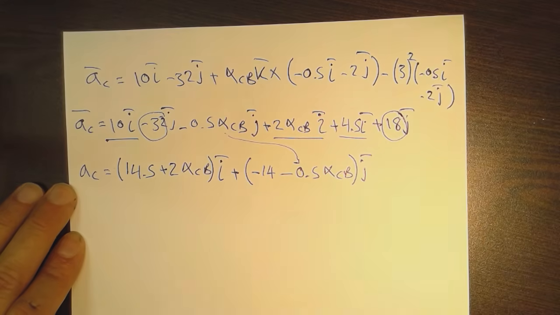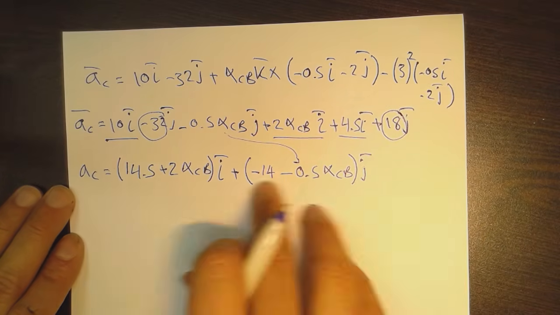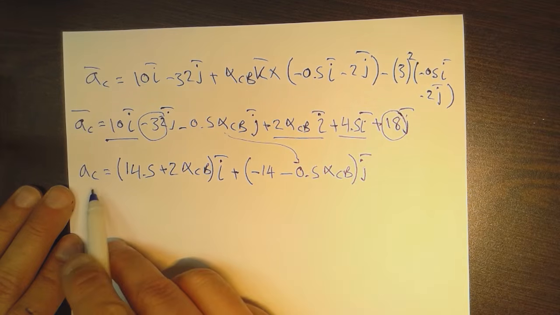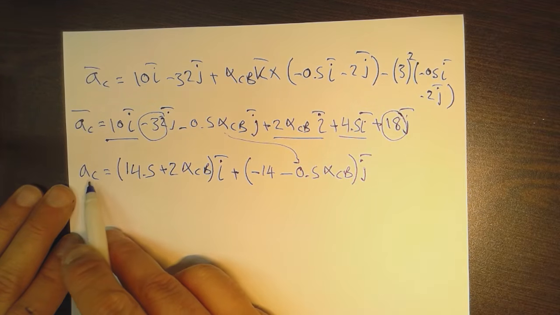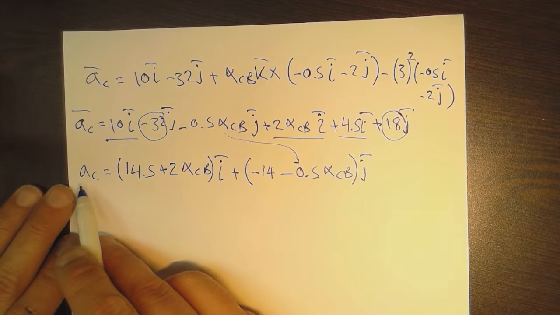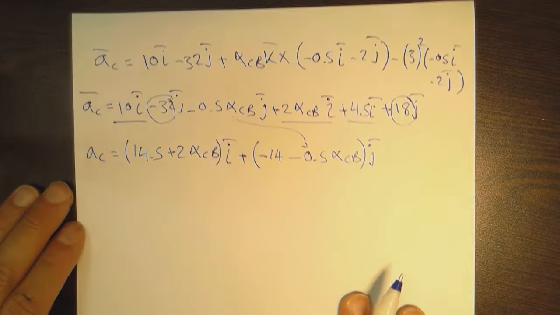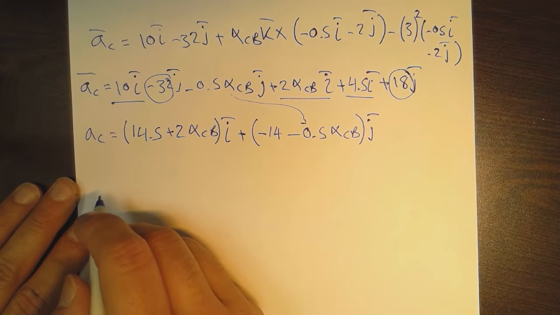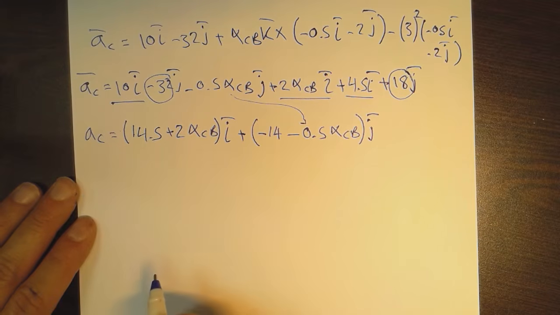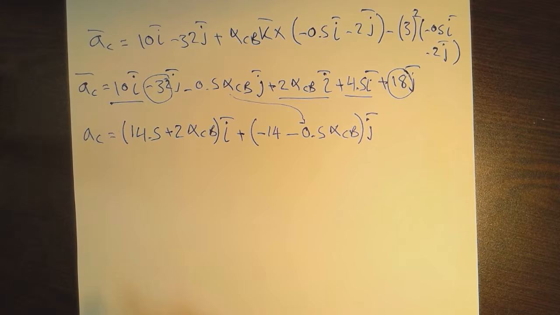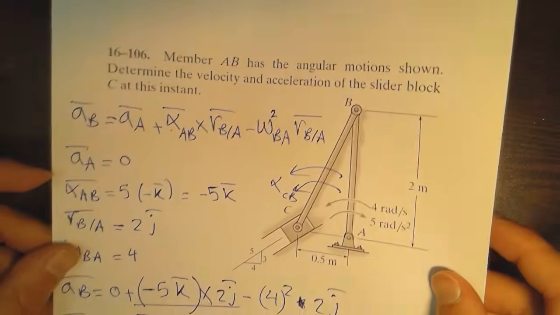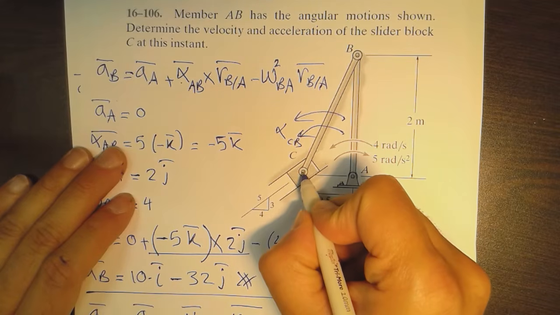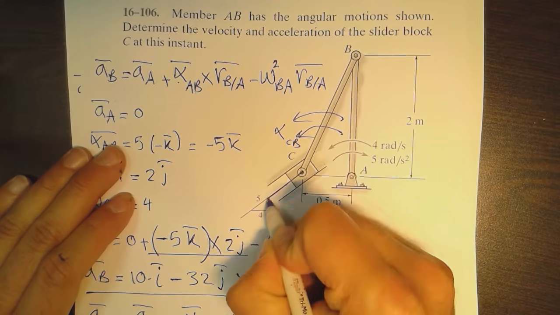So this is a pretty straightforward relationship, but we need to deal with the description of AC in its vector form. Referring to the previous description of the acceleration or the velocity of the slider, it was here like that. We already knew that this is the acceleration of C. So it has two components.